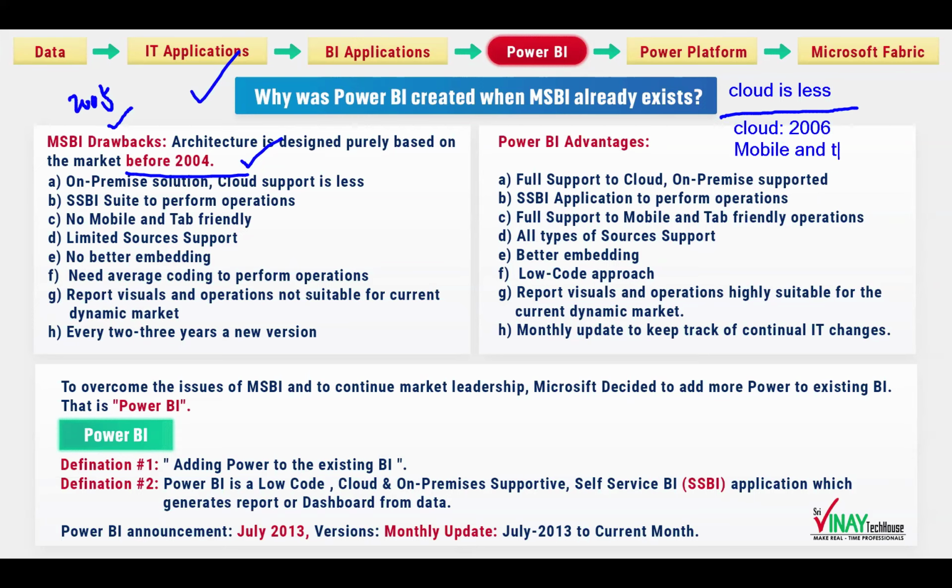Mobile and tab friendly apps came from 2010 onwards. And unstructured data became more and more available, like Facebook and many social media applications, from 2004. So this is missing at the MSBI level: unstructured data support, cloud concept, and mobile and tab friendly operations are all missing.